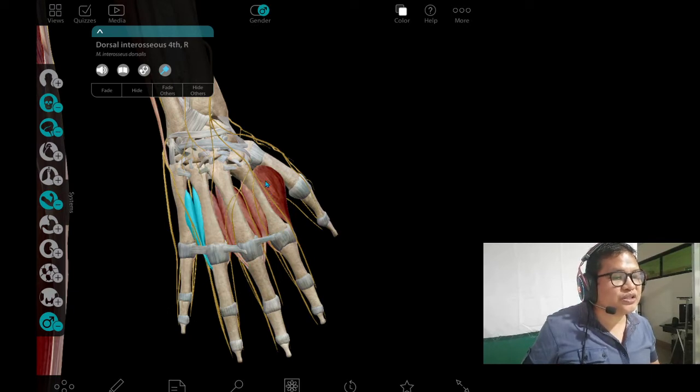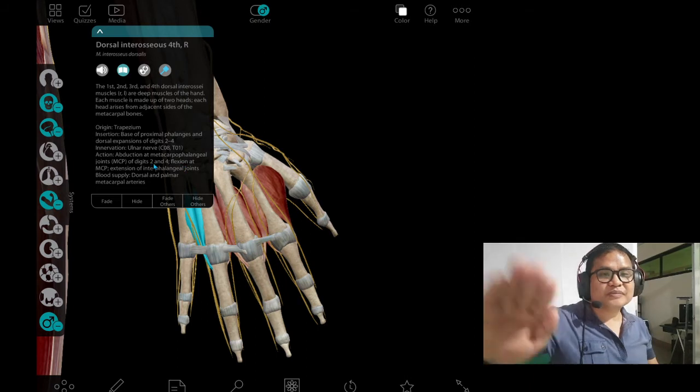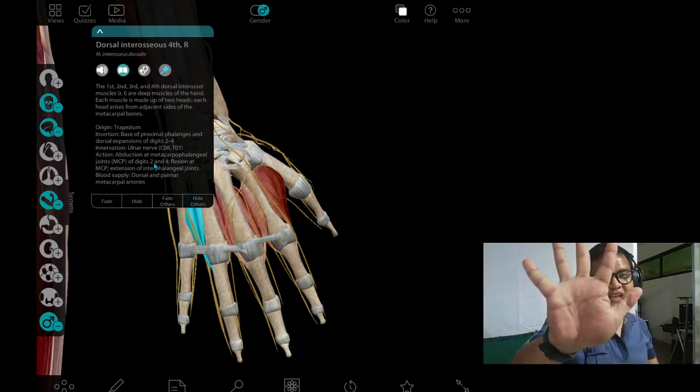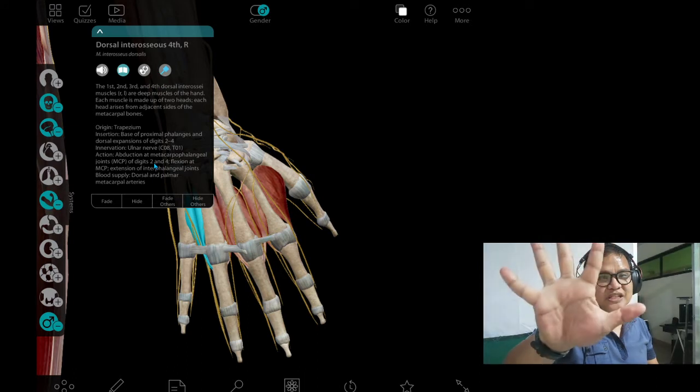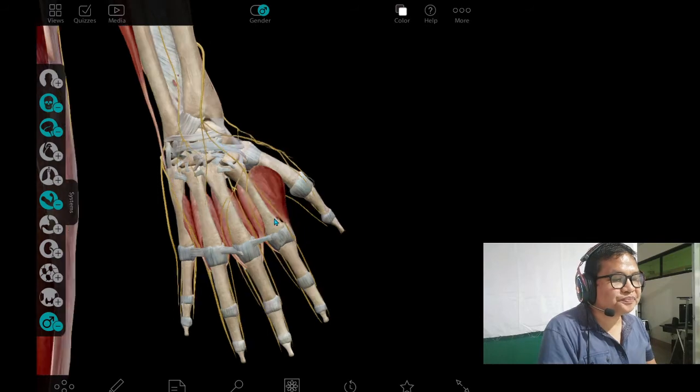Okay, so the interossei have a function. What is the question? The interossei lead to abduction of the metacarpophalangeal joint. So that is the function of the dorsal interossei.